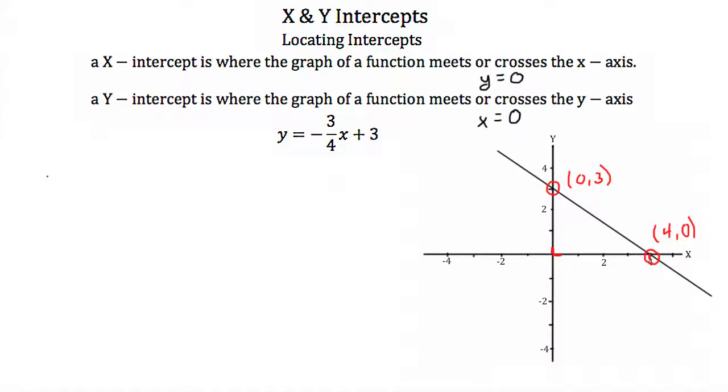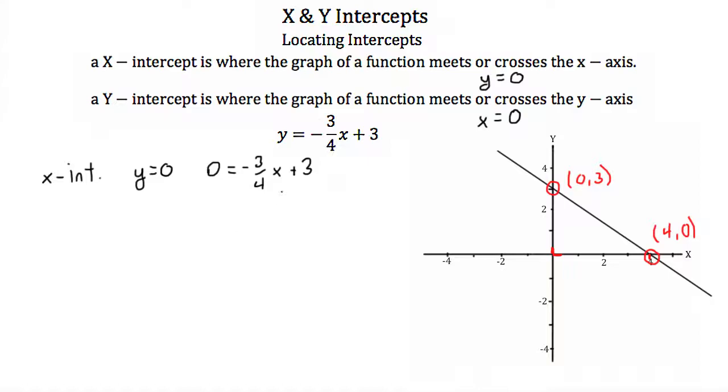So let's try that. First, we're going to find the x-intercept. When you're looking for the x-intercept, you know that y is equal to 0. So if we plug in 0 for y in our equation, we end up with 0 is equal to negative 3/4 x plus 3.